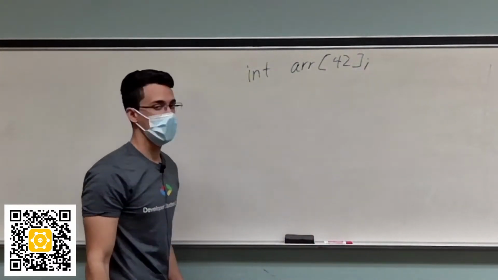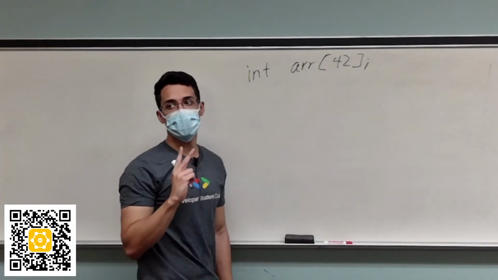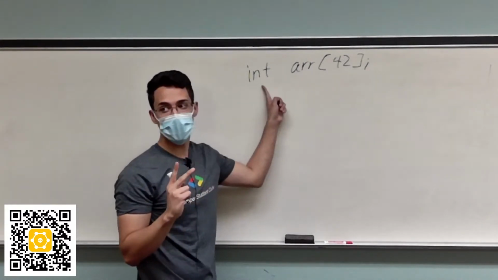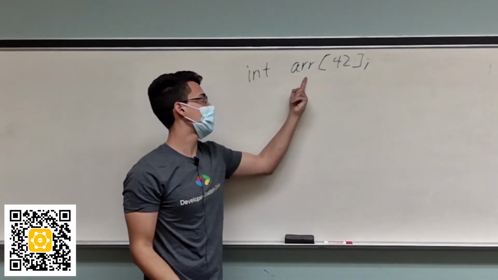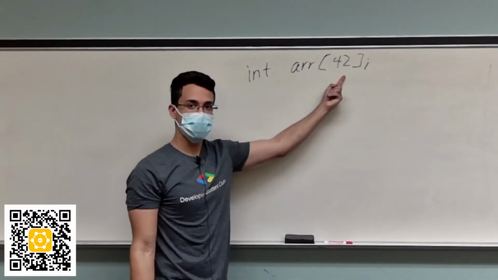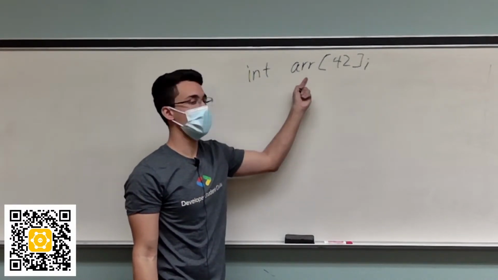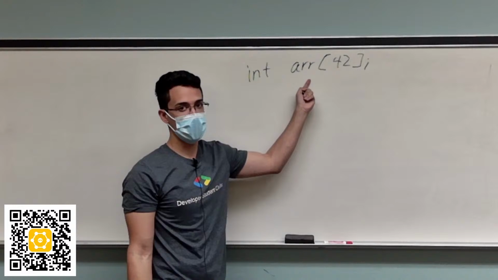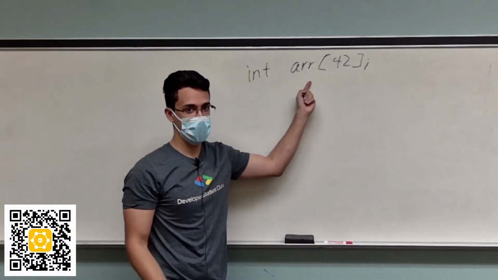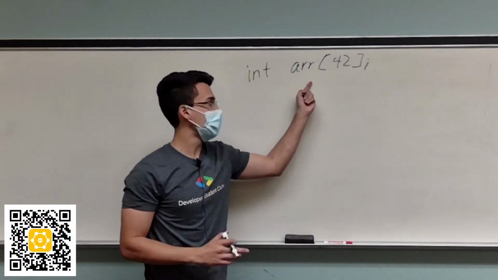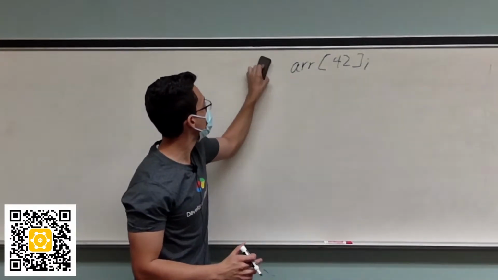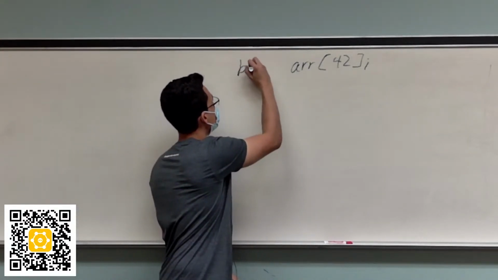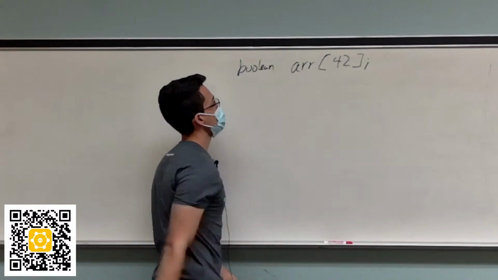Okay. So an array needs two things: the type declaration, the variable name, of course, for the array, and the size. All the members of the array need to be of the same type. In Java, C, and C++, they all need to be either int, or boolean, whatever.